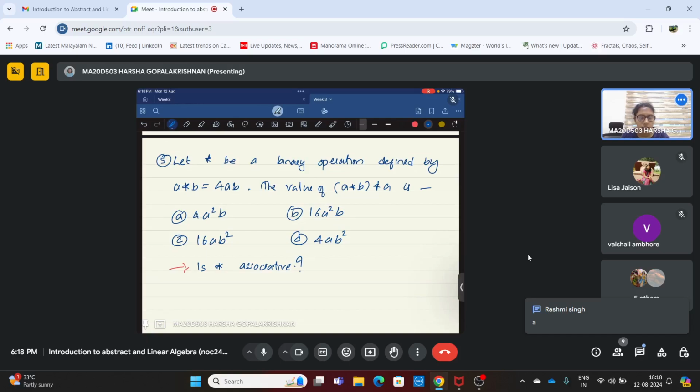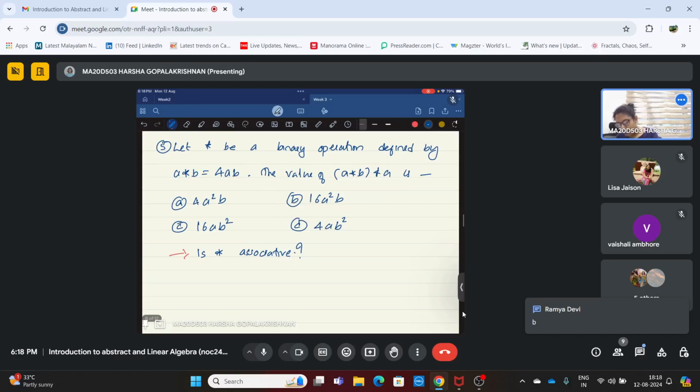Okay, while doing the calculation, be careful. Let's see what is A star B star A. Yeah, sorry, it's B. Okay, it's fine. So first we need to check what is A star B.